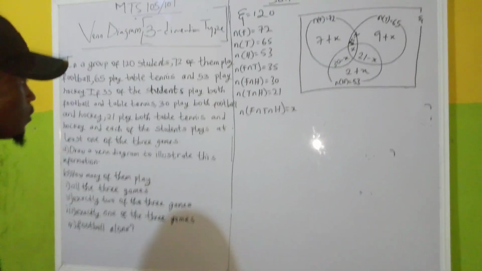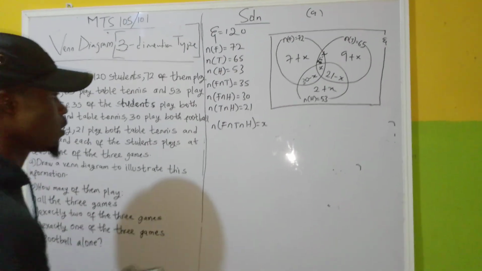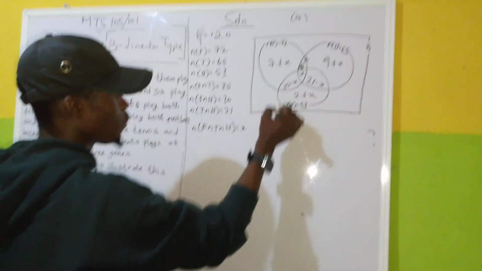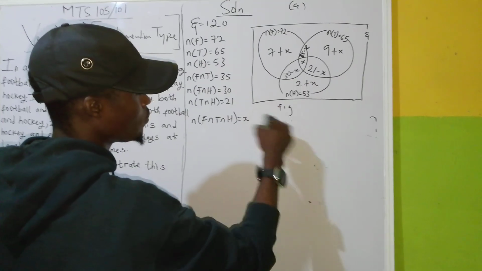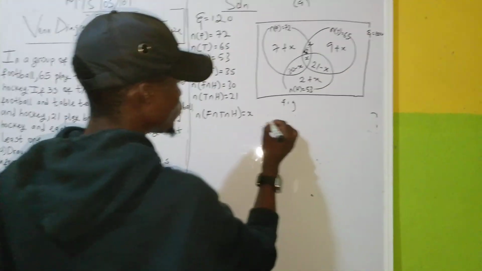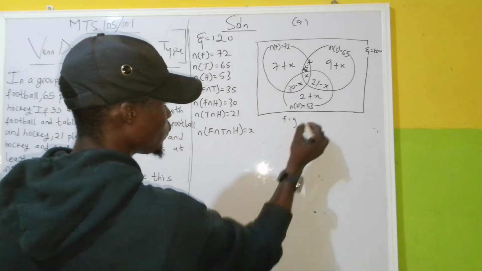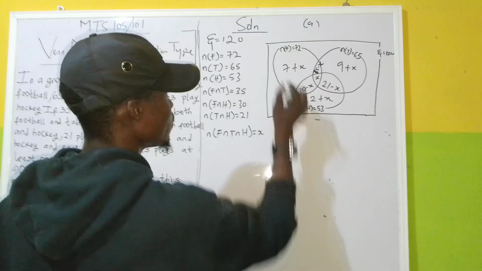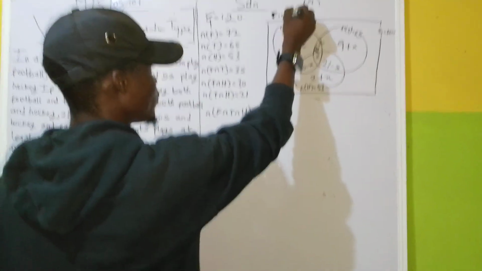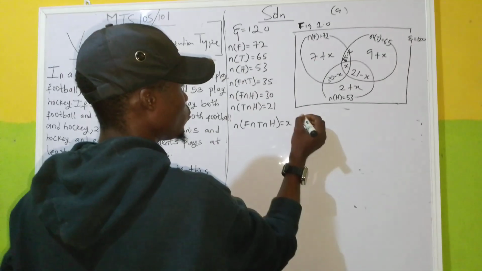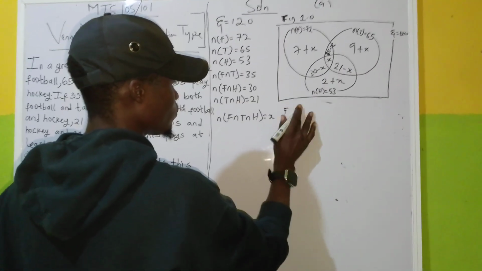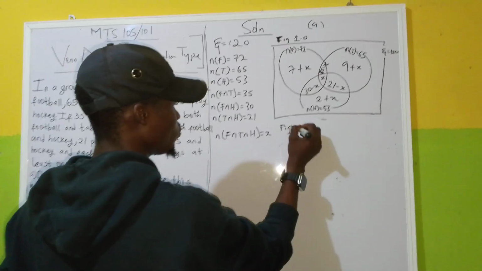Alright, so that's it. So then this is figure 1. So now, what do we have here? We have 120. So this one is figure 1, or let me write it here. Fig 1, and fig 2.